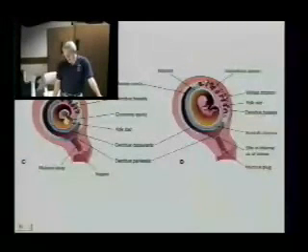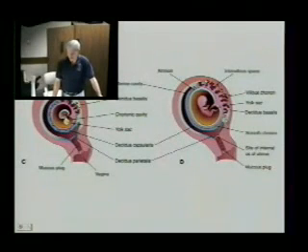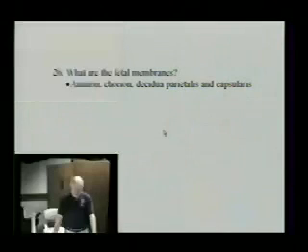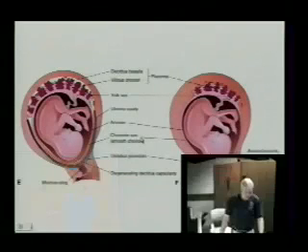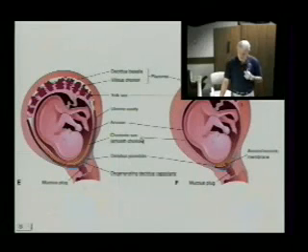So we see that the decidua basalis really becomes extensively invaded in the fetal stage in panel D. So the fetal membranes then are the amnion, the chorion, decidua parietalis, and capsularis. We see these even at a later stage.